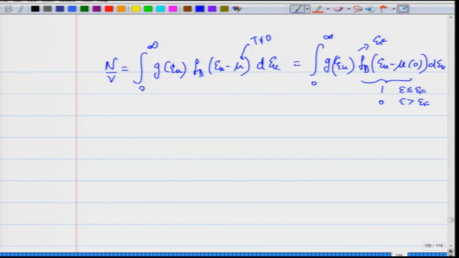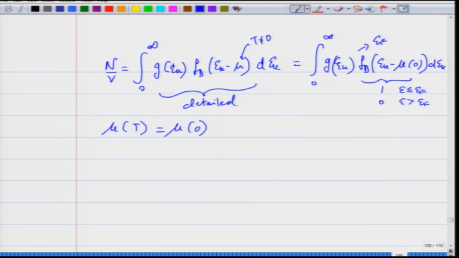So, by integrating this expression at 0 temperature, which is equal to the density, we get the expression for the Fermi energy. However, if you do not do this, if you just consider this, then you can calculate the chemical potential at a finite temperature, which I will not do here.